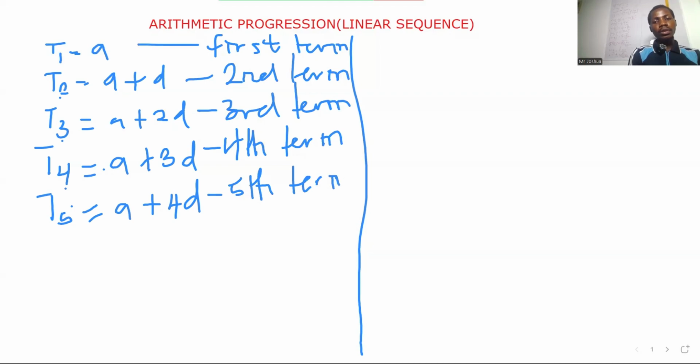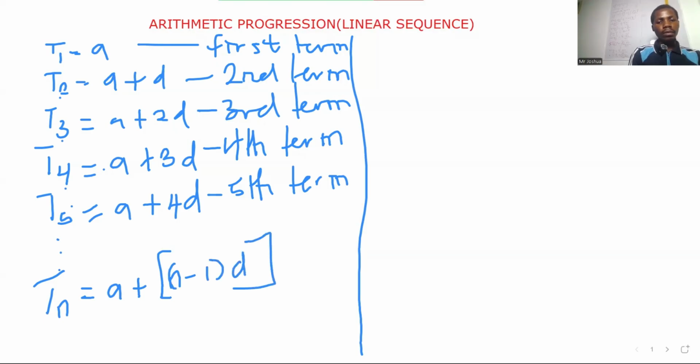Okay, let's say this progression continues down the line. We are going to get to a point where we are going to have our nth term, which is also the same thing as our last term. It is given by the formula A plus open bracket n minus 1 close bracket D. You're going to have this at the end of the day.